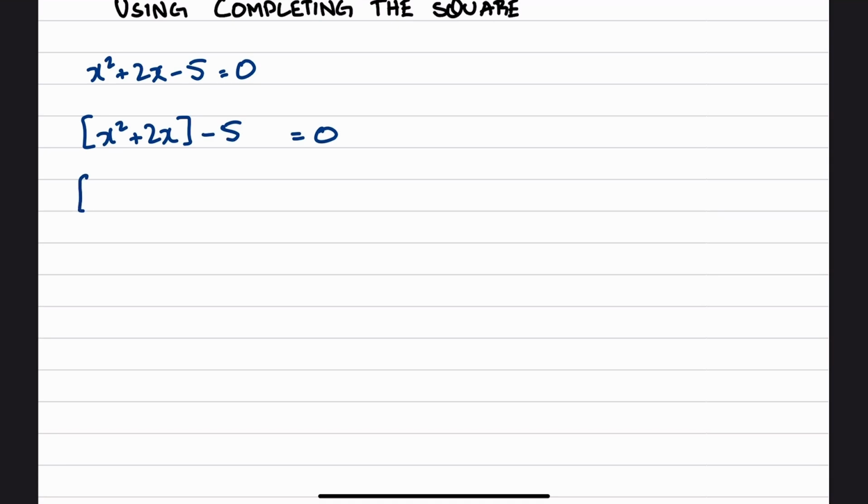So what we get is x squared plus 2x plus 1 squared minus 1 squared, and of course minus 5 as well, equals 0.